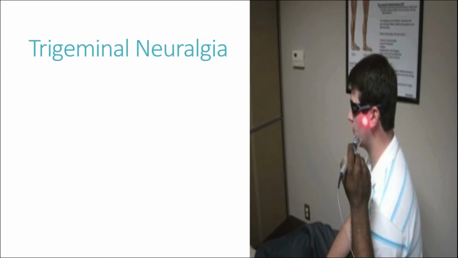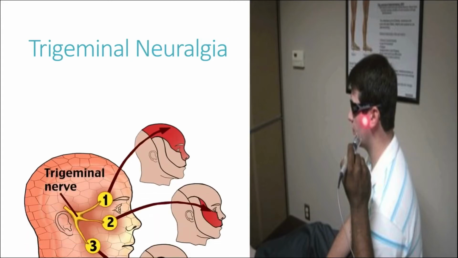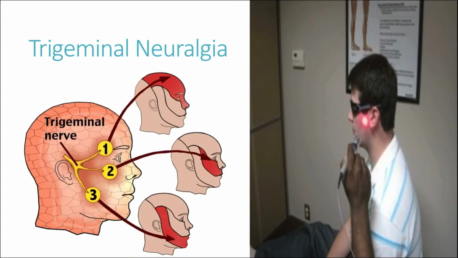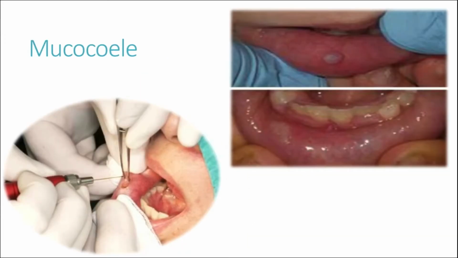Now, trigeminal neuralgia. Neuralgia pain is the most difficult to treat, but with the introduction of laser therapy, its use has begun for pain relief, or with less pain, of the trigeminal neuralgia, in oral and maxillofacial surgery. For patients with mucocele of the lower lip treated by carbon diode laser, the success rate was very high.